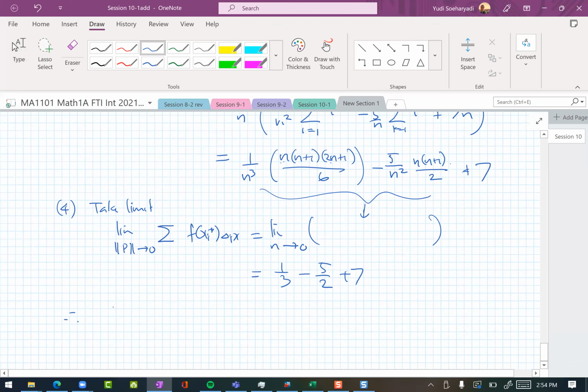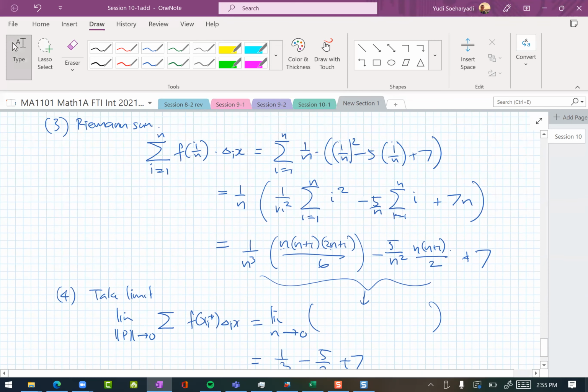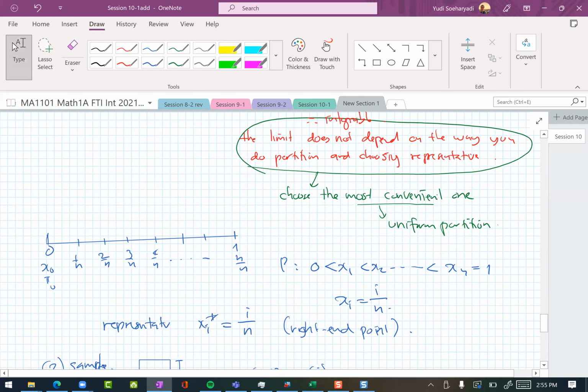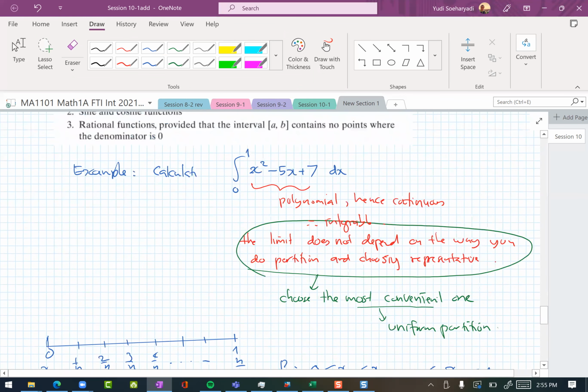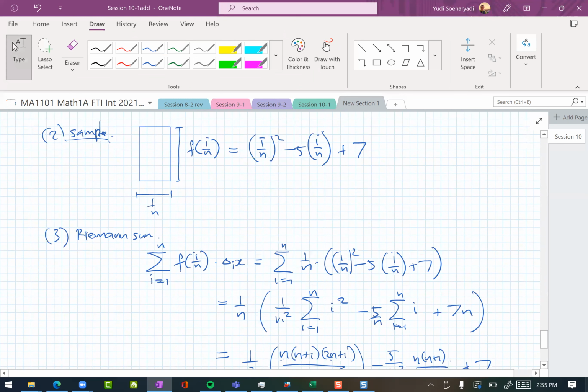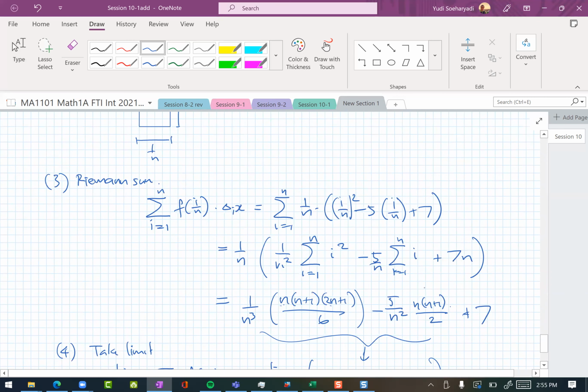Okay, so all right, so the last thing is that computing a definite integral is very laborious. Okay, so it's a lot of things you need to compute, and you depend on the sigma formulas.